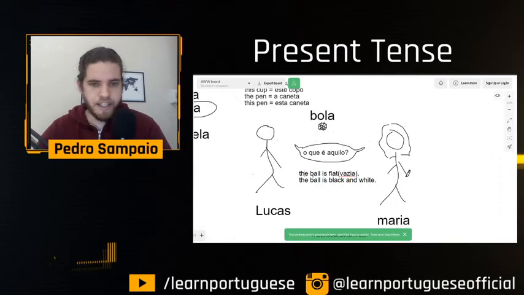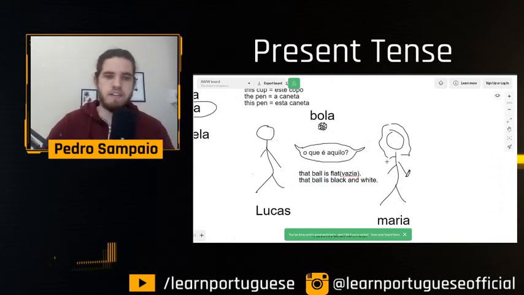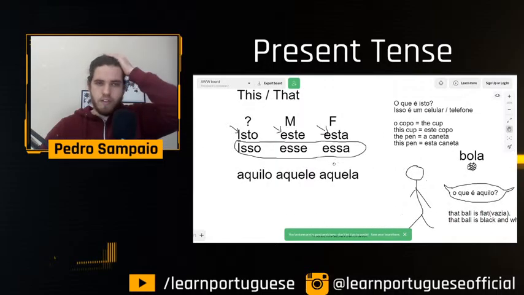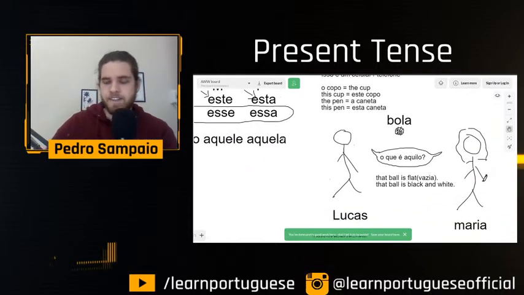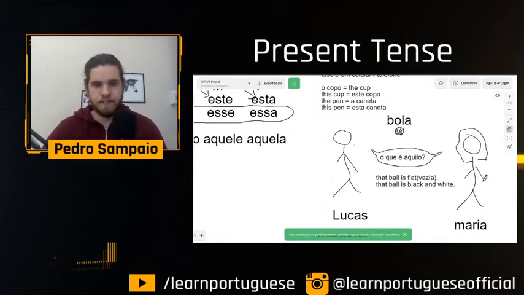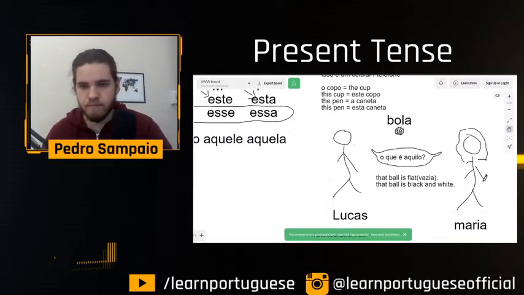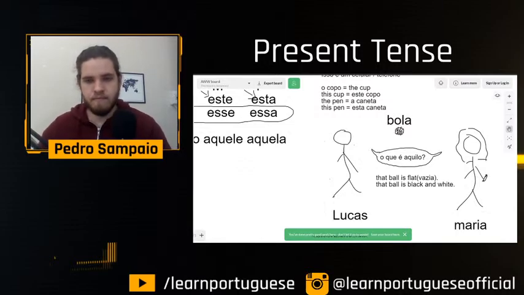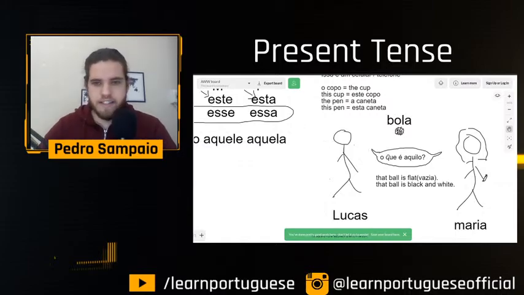Or rather, I just realized I don't want to say the ball, I want to say that ball. Because I want you guys to use this and that. Right, so the first one, that ball is flat.